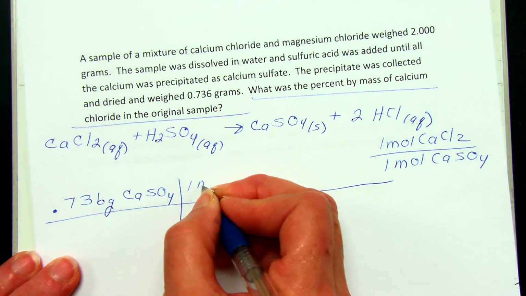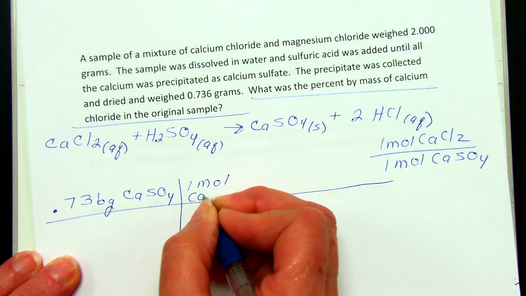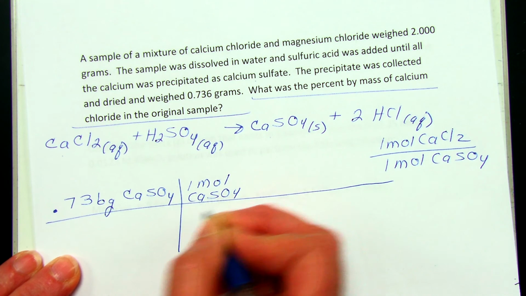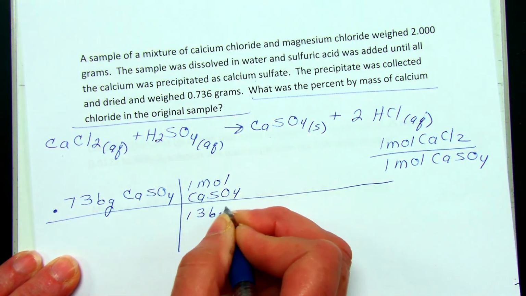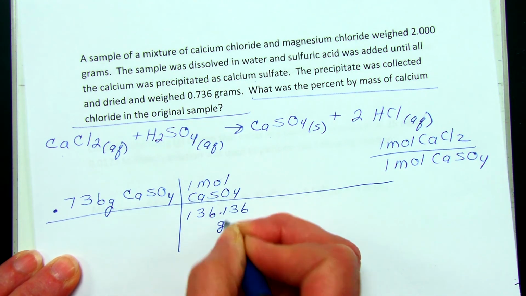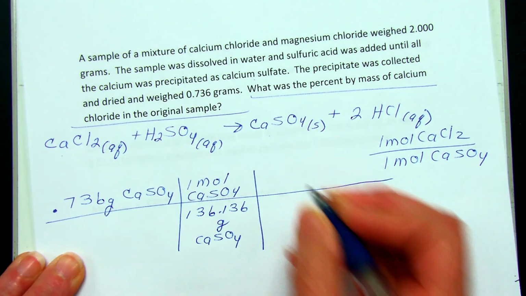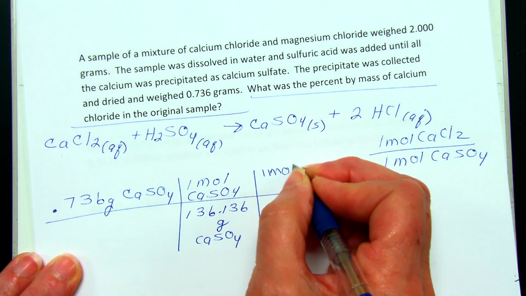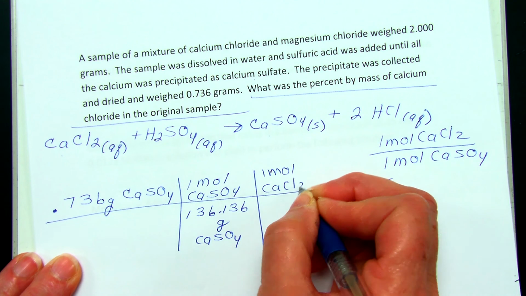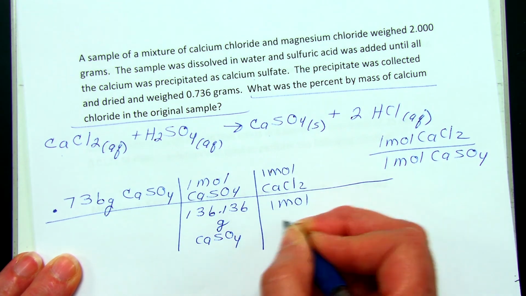So 1 mole of calcium sulfate is 136.136 grams of calcium sulfate. Then, my mole-to-mole ratio. 1 mole of calcium chloride produces 1 mole of calcium sulfate.